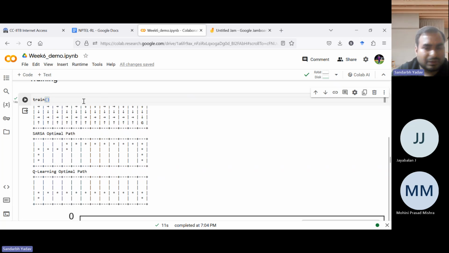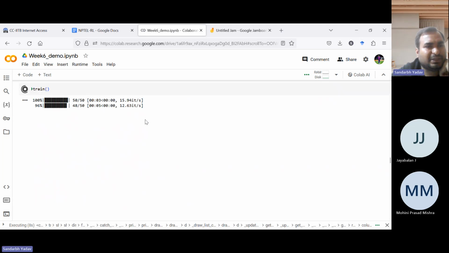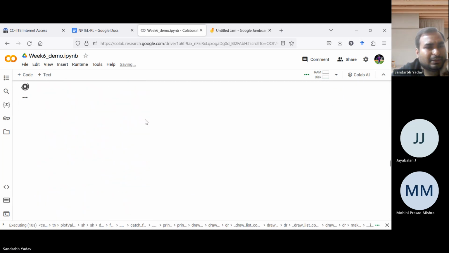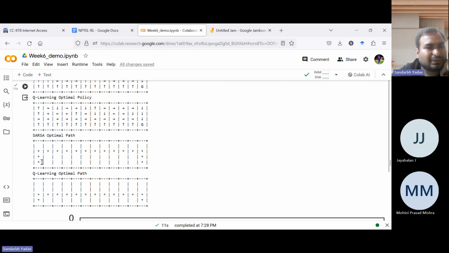Let's see if we are lucky, it might happen. Otherwise, you can simply increase the number of episodes and see. It doesn't take much time. Over here, it converges to an even worse one. Okay, that's fine, but you can increase the episodes. But the thing is, Q learning is definitely converging to the shortest path.